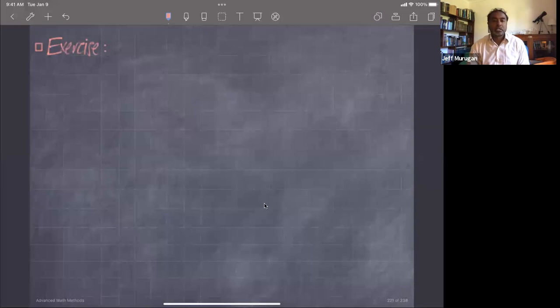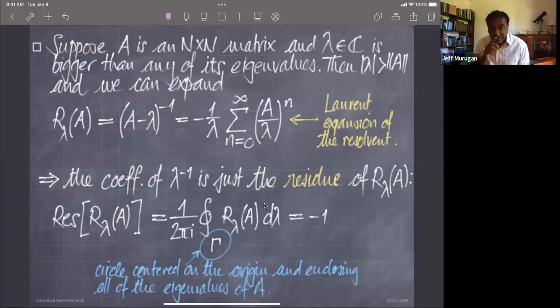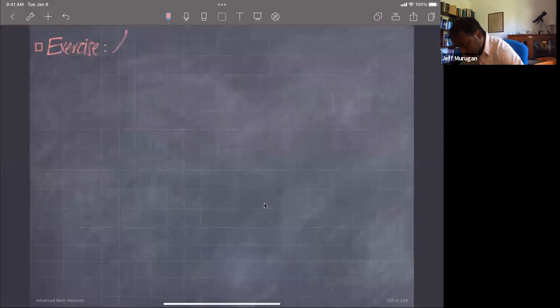Where I would like you to use a similar argument and show that this formula that we've just written down here is actually a special case of a more general formula. And the more general formula is the following.